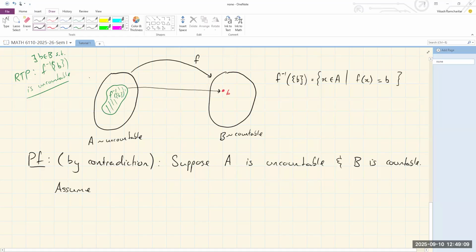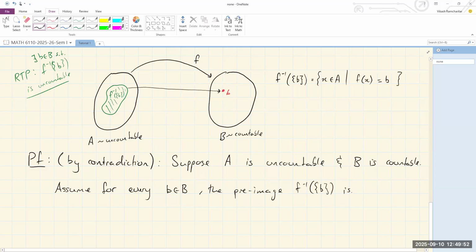So what is the negation of this green statement? The negation of there exists means every element in B is such that its pre-image is countable. So the negation of there exists is for all, for every. Assume that for every element in B, its pre-image, given by f to the -1, is, so I'm trying to show that this pre-image is uncountable.